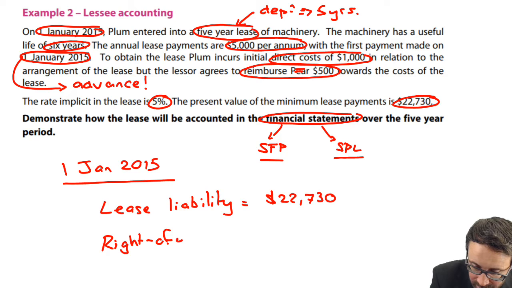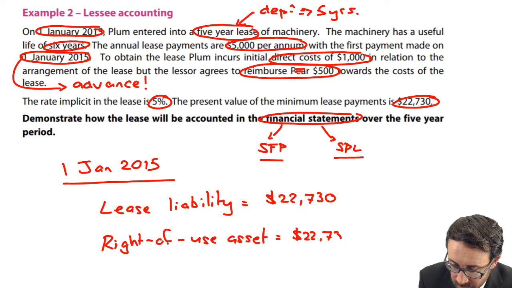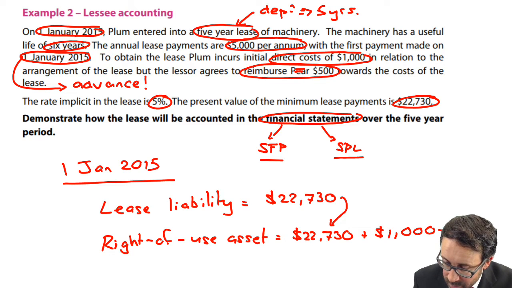And then that right of use asset starts off with the 22,730. We add on the 1,000.